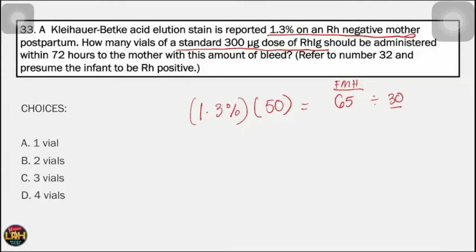For whole blood, we use a denominator of 30. So 65 divided by 30, you will get 2.17. 2.17, you have to round down. So the value will be 2, adding 1 dose. So the answer for number 33 is 3 vials of RHIG.